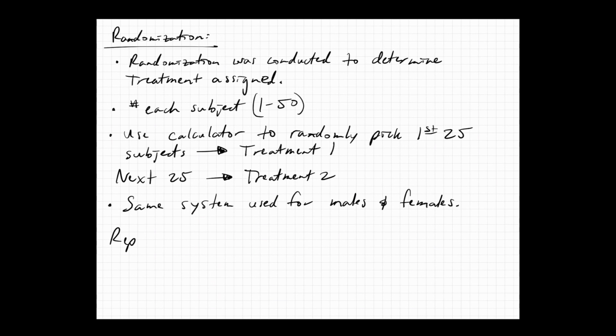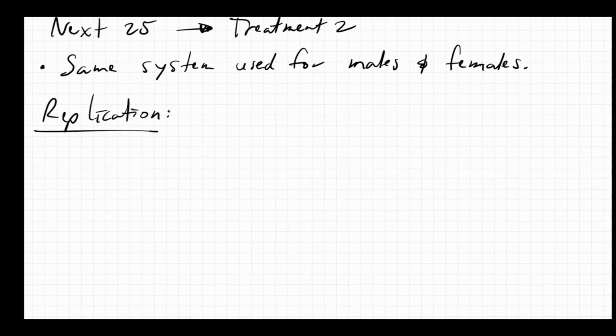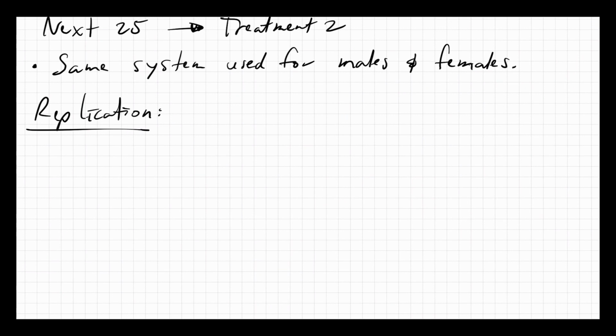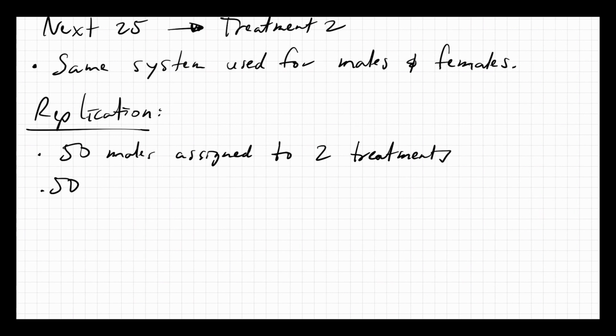Replication. Numbers, right? Numbers. 50 males assigned to 2 groups, or 2 treatments, I should say. 50 females assigned to 2 treatments.